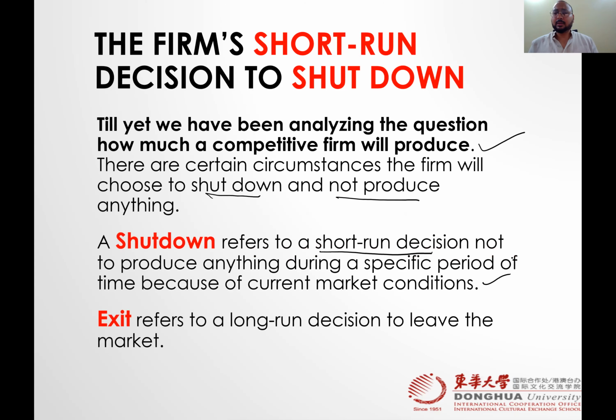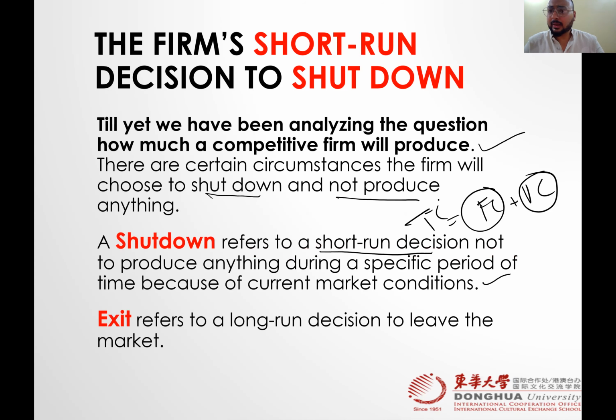Why? Because if we produce more, it will increase our loss, right? We have a fixed cost and a variable cost that make up total cost. So if we produce more, we will be incurring more variable cost, because the fixed cost we cannot eliminate, since whether we produce 1 unit, 2 units or 10 units, we have to pay the fixed cost.